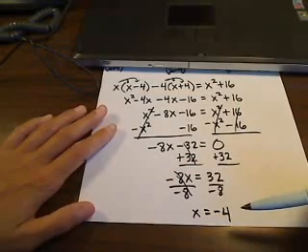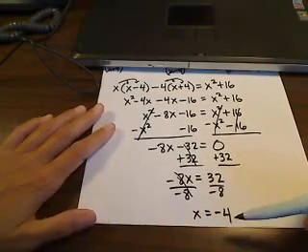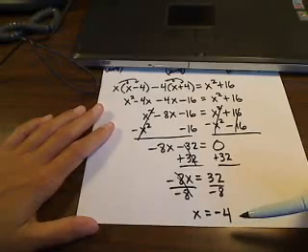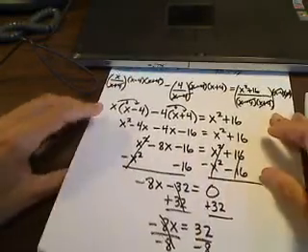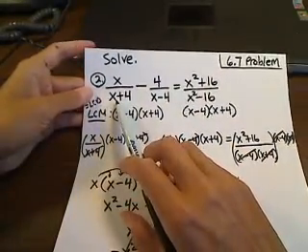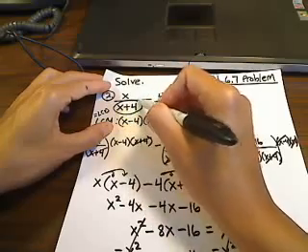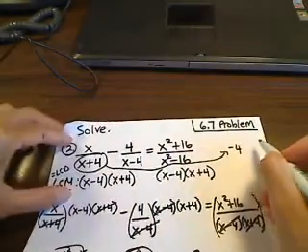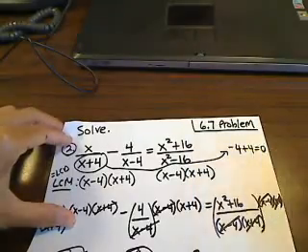Now before I can call that a solution, I need to check it. If this gives me 0 in a denominator of my original problem, then it's not going to be an answer. So if I take a negative 4 back up here and I check it, do you see that negative 4, when I plug it back into this denominator right here, would give me negative 4 plus 4, which is actually 0.